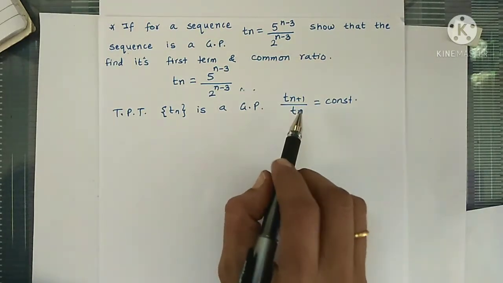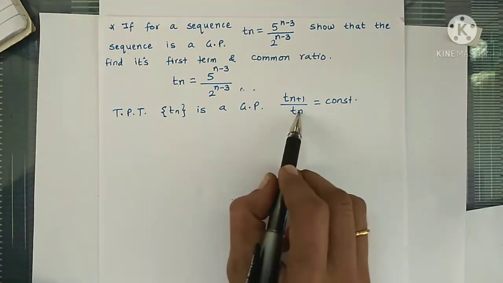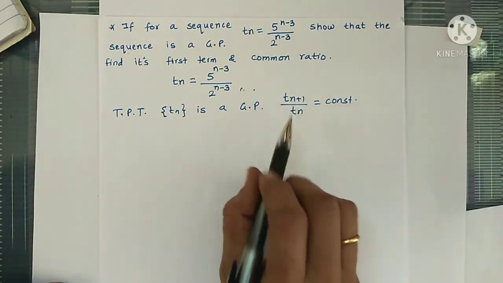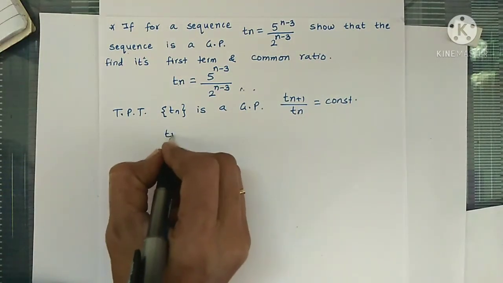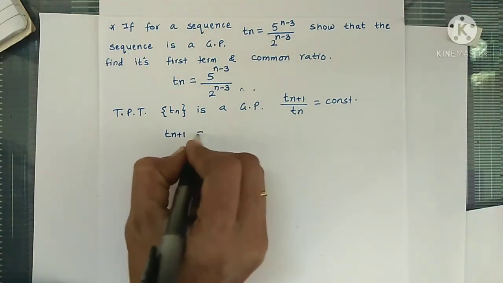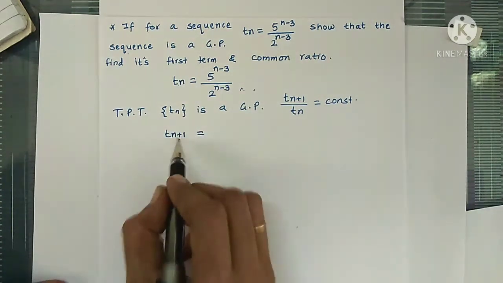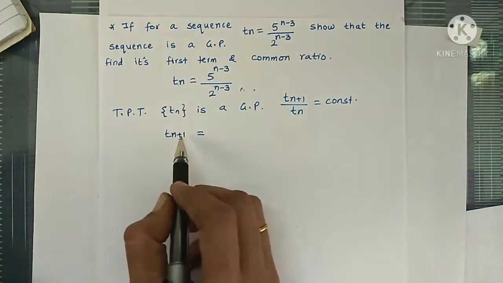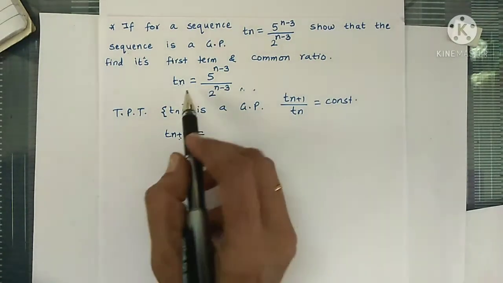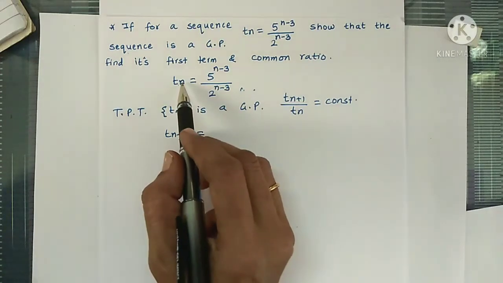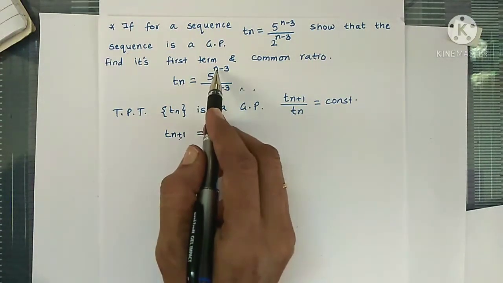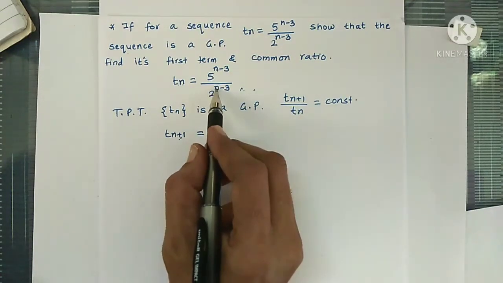So for that we have Tn, that means we have the denominator. So first of all we have to find out the numerator. In the numerator we have Tn plus 1. So instead of n now we have n plus 1. So see here, this n is replaced by n plus 1. So in the left hand side, instead of n, n plus 1 is written. So in the right hand side also, instead of n, write n plus 1.